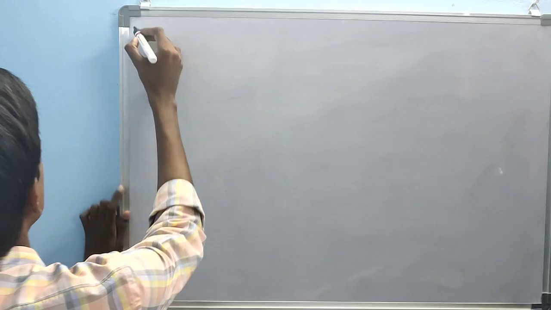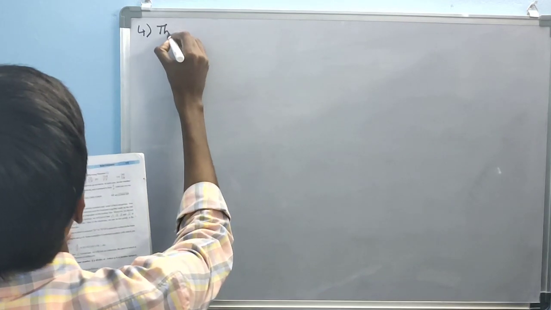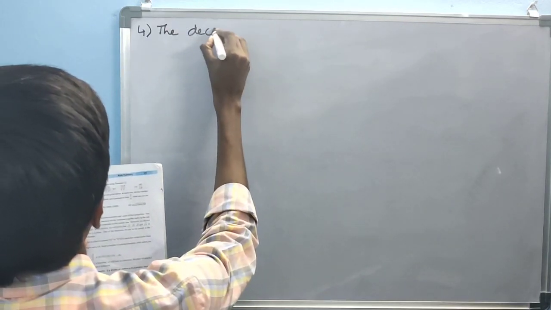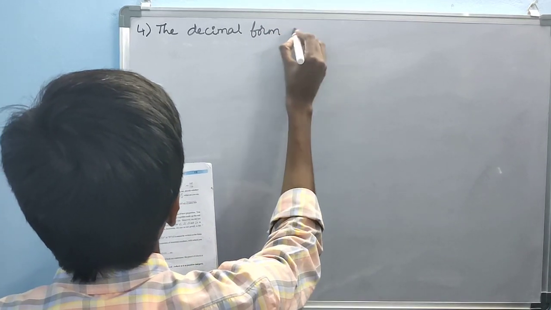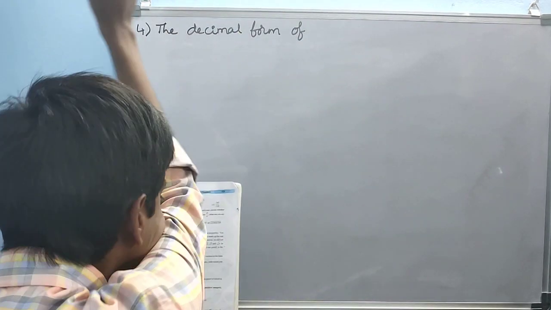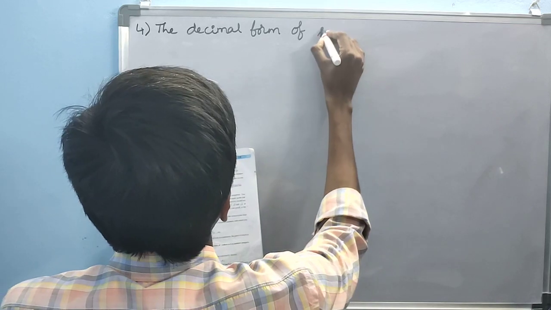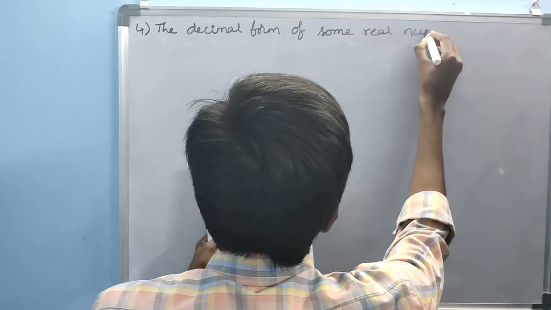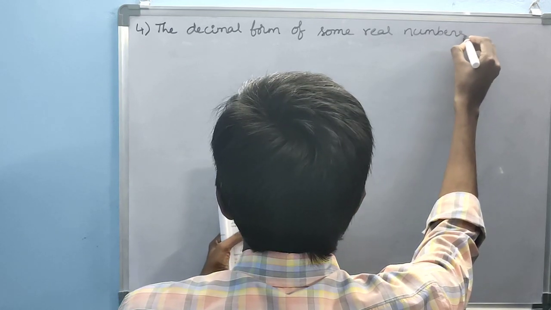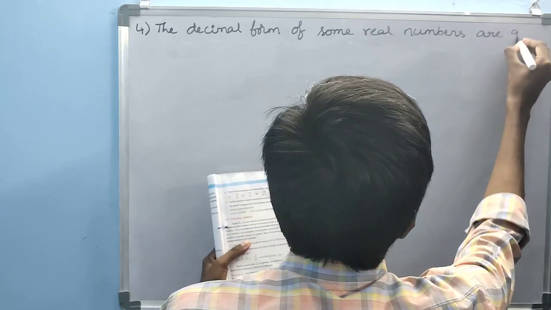Next, fourth one. The decimal form of some real numbers are given below.